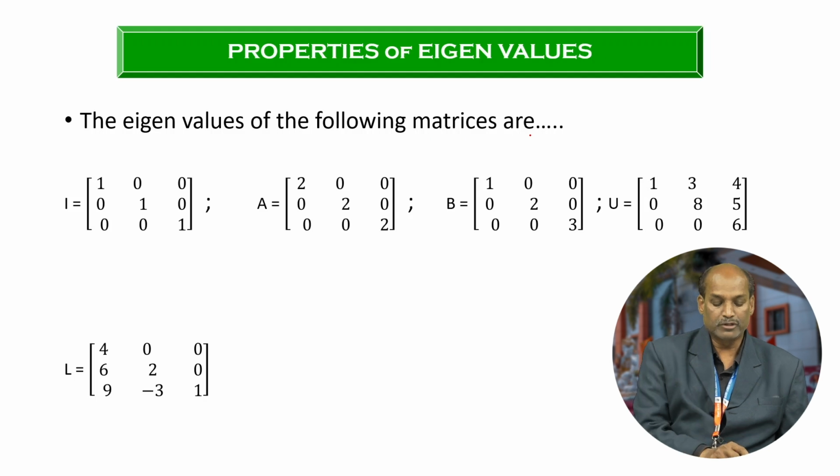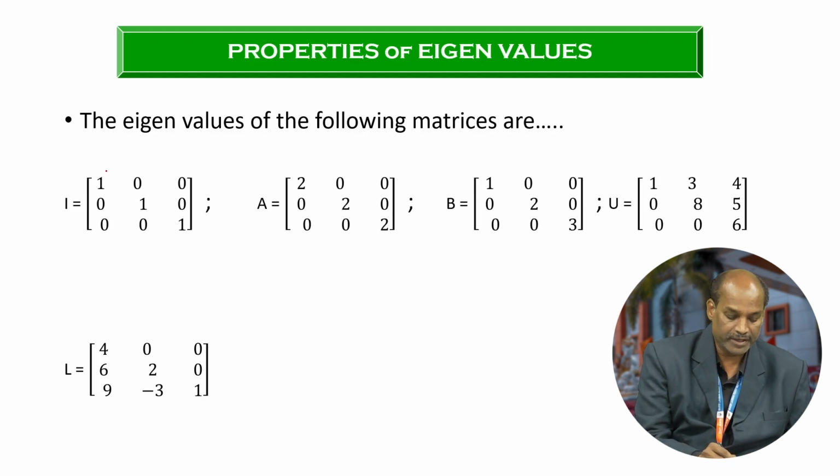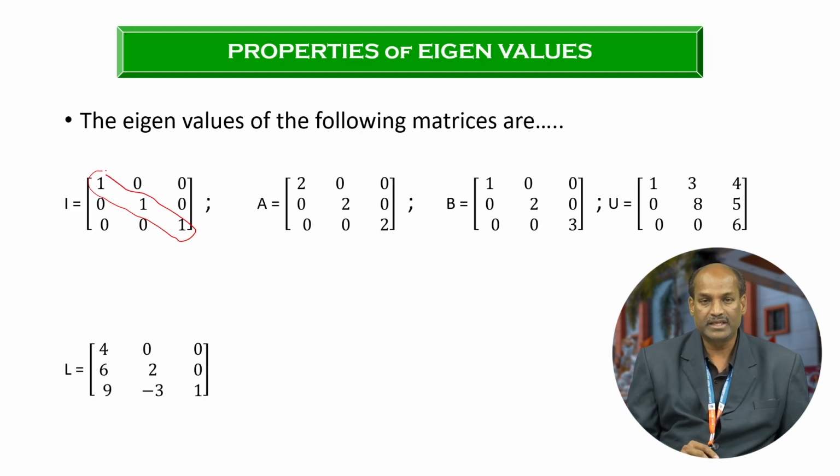Now you see this matrix I. What is the I here? The third order unit matrix, 1 0 0, 0 1 0, 0 0 1. Now what are the diagonal elements here? These diagonal elements are defined as the eigenvalues of this matrix I.